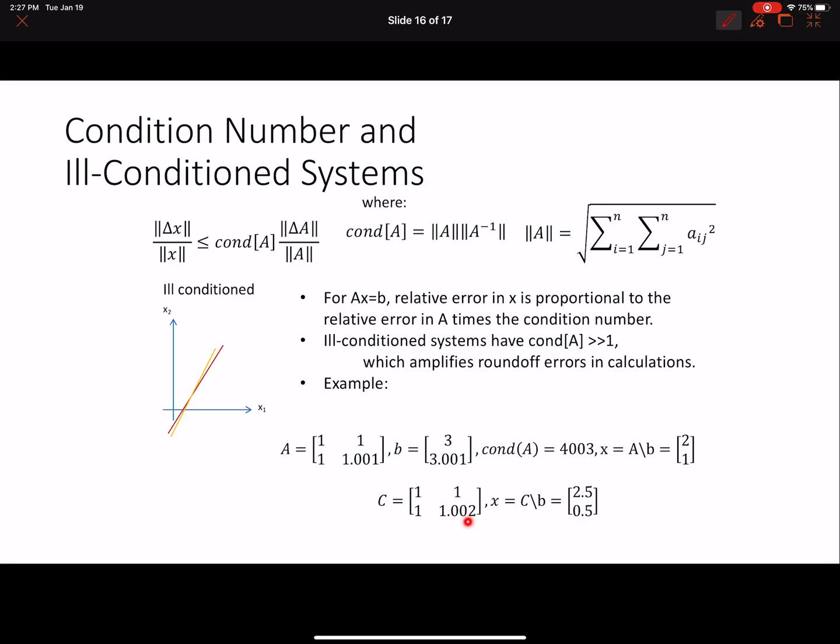We rounded to that for some reason. Then the solution is not going to be changed by 0.002. It will change by 0.5 in both directions, right? So with these systems you have to be especially careful to store the numbers of the linear system to as much digital precision, or as many bits, as possible.